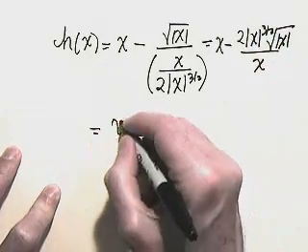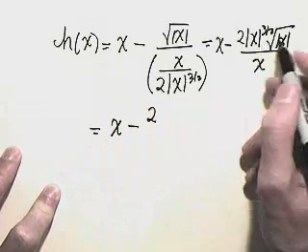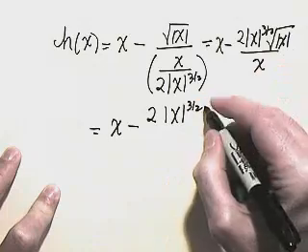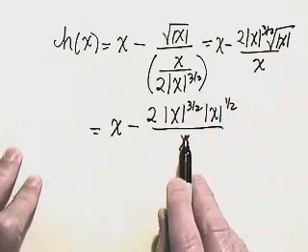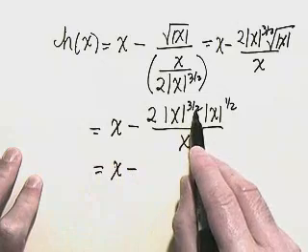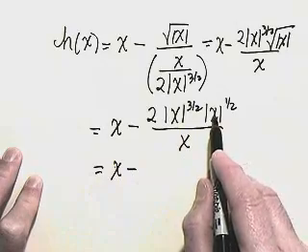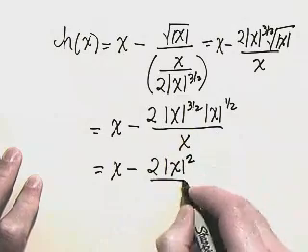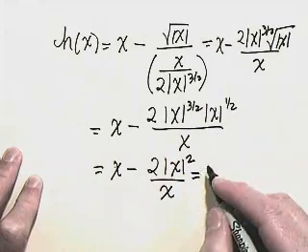So coming down one more line, x minus 2 absolute value x to the 3/2, square root of absolute value of x is absolute value of x to the 1/2, all divided by x. And now absolute x to the 3/2 times absolute x to the 1/2 is absolute x to the 4/2, which is absolute x squared. So we have negative 2 absolute x squared divided by x. Well, absolute value of x squared is the same as x squared.